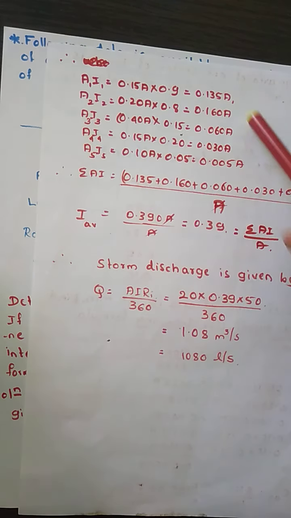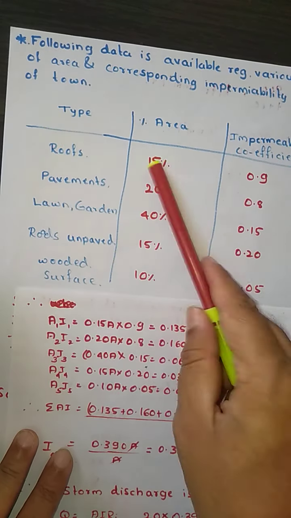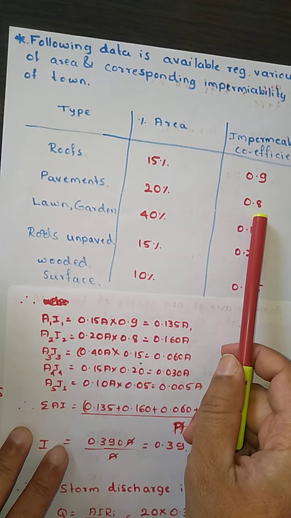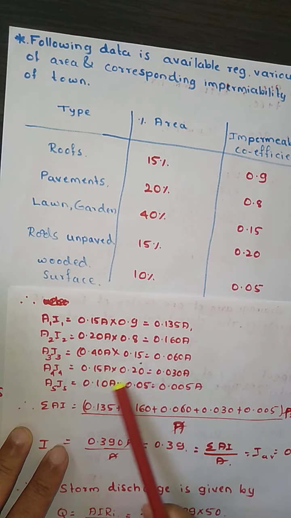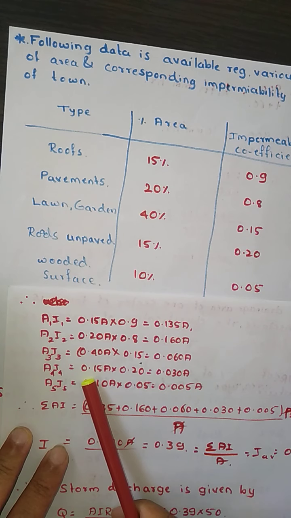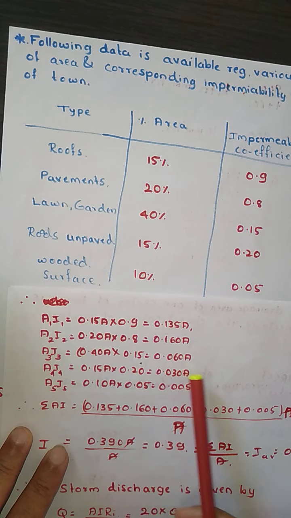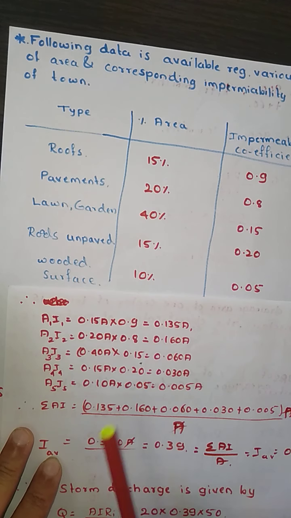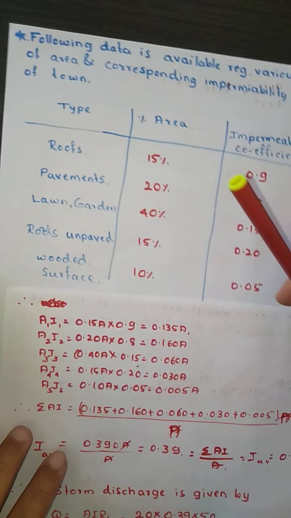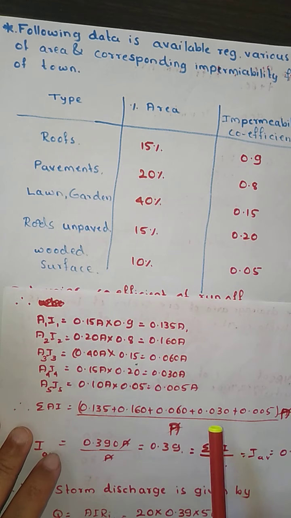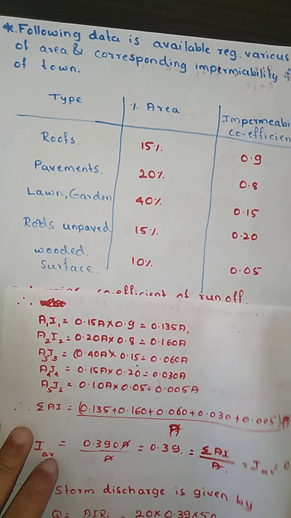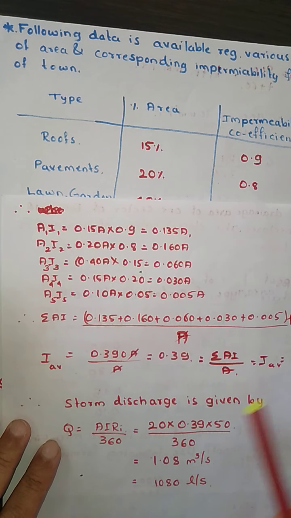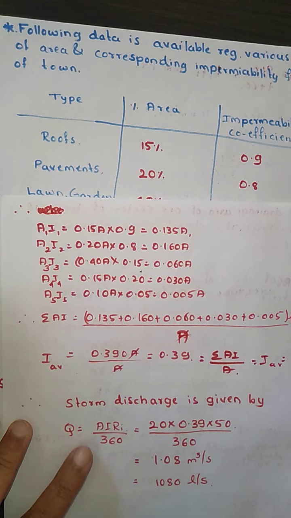Okay, we have all these, we have a1 I1, that is 0.15 into 0.9, 0.20 into 0.8, 0.40a, then 0.15a, then 0.10a into 0.05a. Just we have multiplied it, we have added it, sigma ai divided by a got cancelled, then I average will become 0.39, and area is given, rainfall intensity is given.